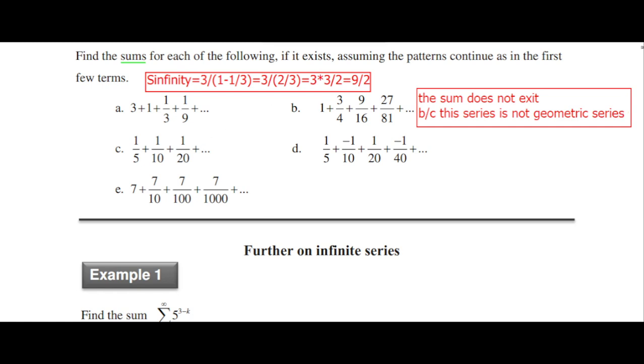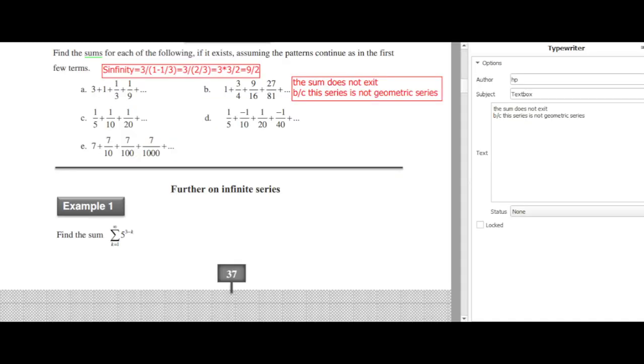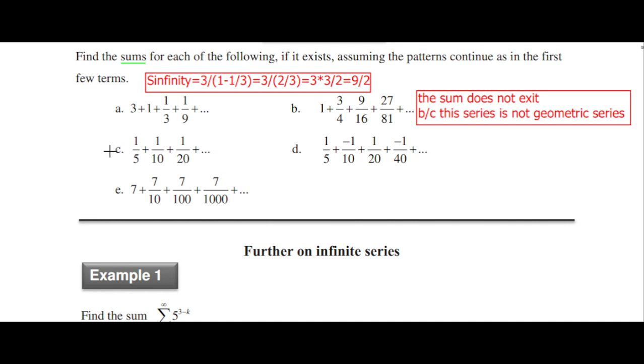So let's compute S infinity for question C. S infinity is equal to the first term, 1 over 5, over 1 minus 1 over 2, which is 1 over 2.